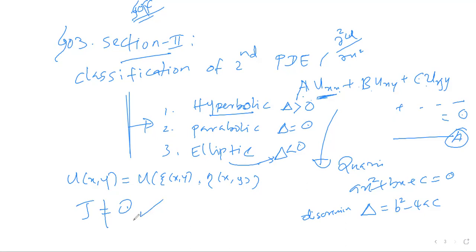If you are transforming the x, y variables into zeta, neta, since we have u_xx, u_xy, u_yy, and again u_x and u_y terms, also some constant, all these things should be transformed into zeta, neta again.